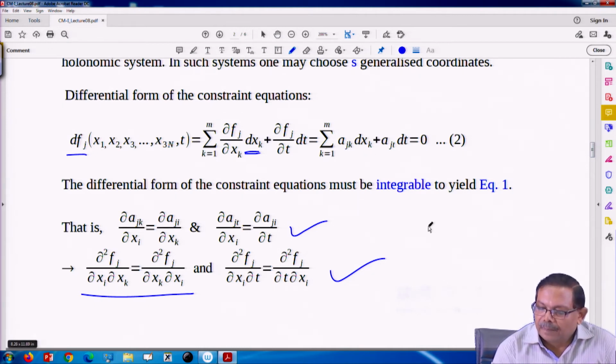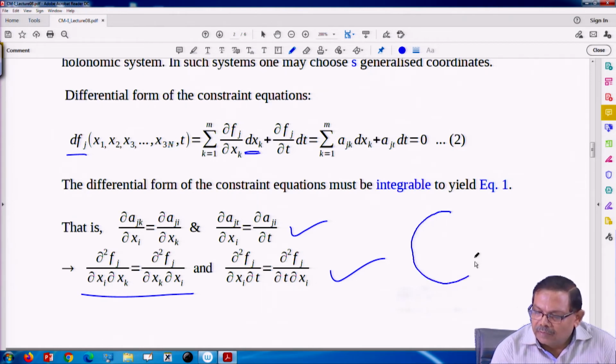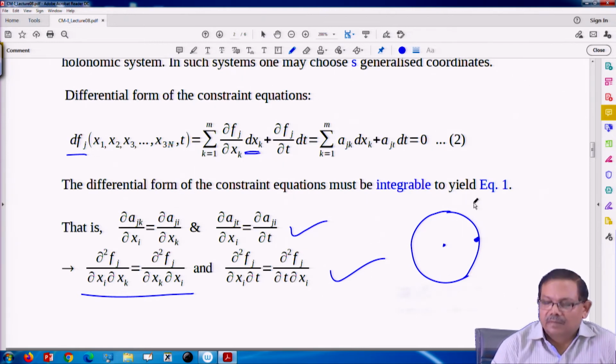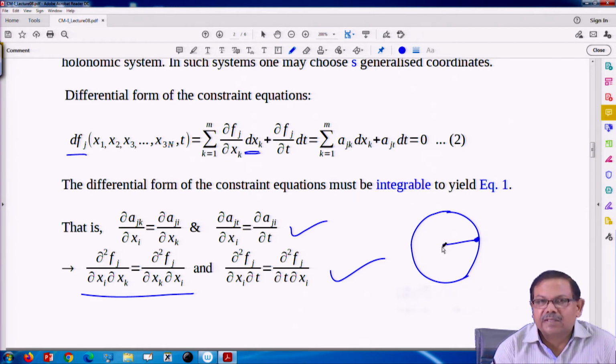For example, suppose I have a particle that is moving on a circle. If the circle is fixed, then we know its holonomic constraint. But now suppose the circle is rotating about its axis with some angular velocity omega. So, now there is time dependence. Now its coordinate will also depend on omega t: how much angle it moves in some time.